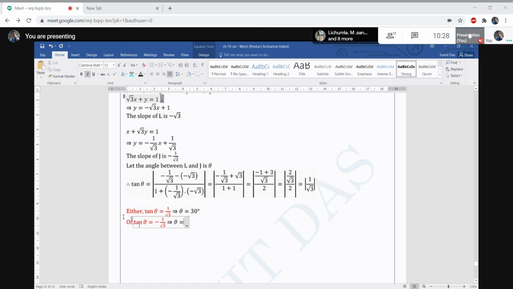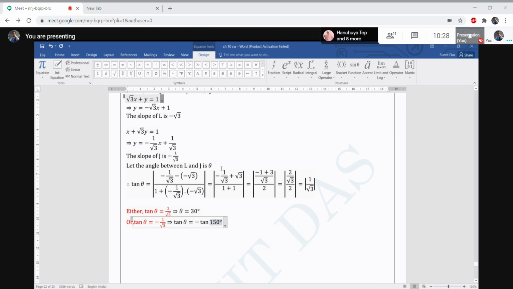Tan means it must be in the third quadrant, I guess. No, second quadrant. We can write like this: tan theta equal to minus 1 by root 3. So minus tan 150 degrees.